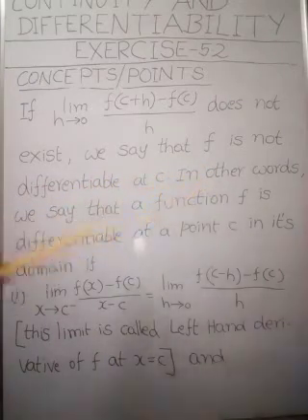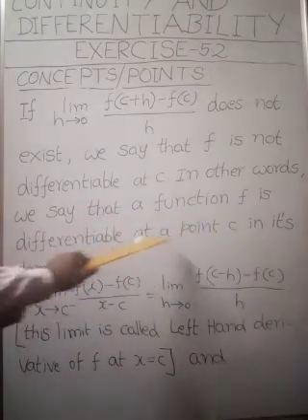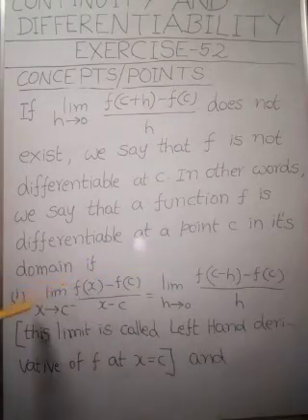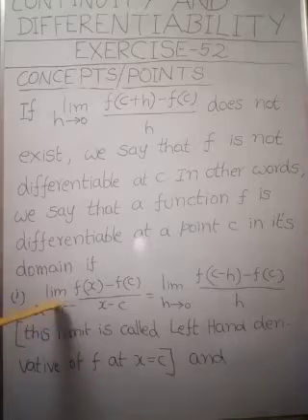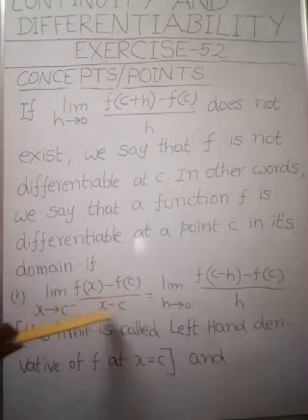In other words, we say that a function f is differentiable at a point c in its domain if, first, the limit as x tends to c minus of f of x minus f of c by x minus c.